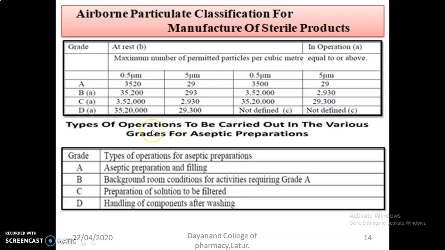For environmental monitoring, HEPA filters, air handling units and HVAC, that is heating, ventilation and air conditioning, are implemented. Air handling units are implemented to control the flow of microbes.